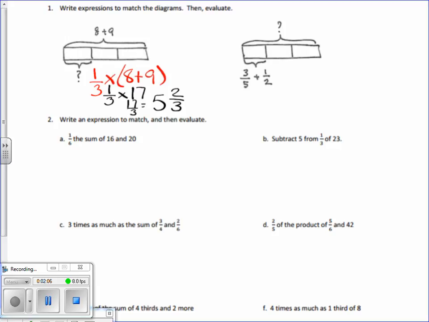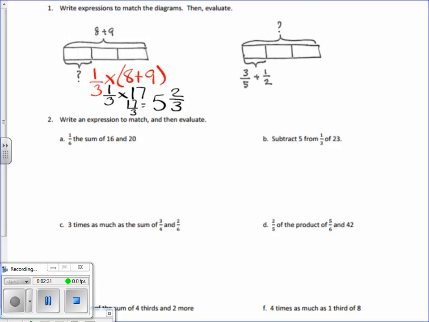Okay. So this other tape diagram that you see is like the one with the magic number. The magic number being the total. We have to find the total. This 1/3 is 3/5 plus 1/2.